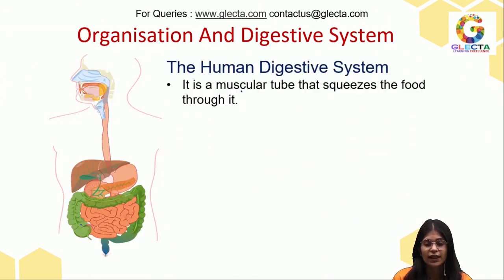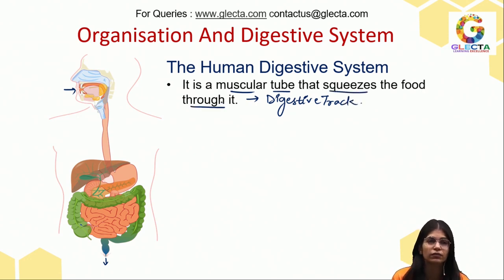Now coming to that, it's a muscular tube. The author is actually talking about the tube from mouth till anus, the digestive tract, that squeezes the food through it. So the tube is going to be muscular, specifically your throat tube, which is also known as the esophagus.